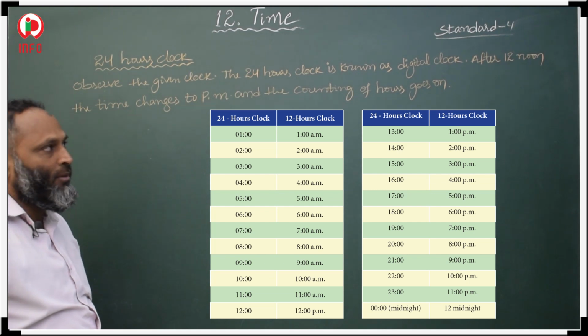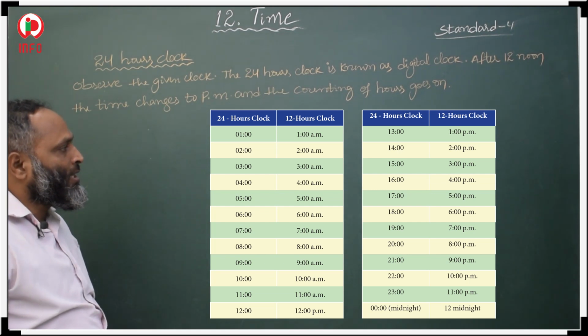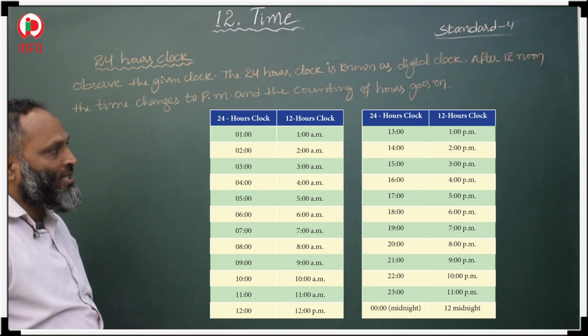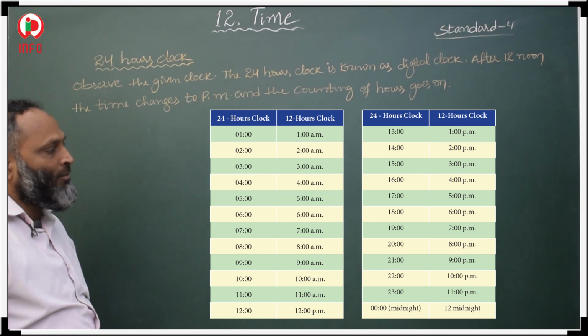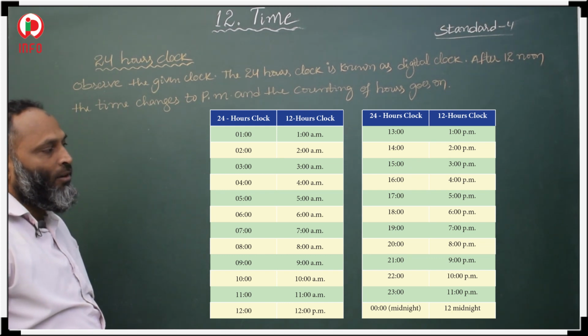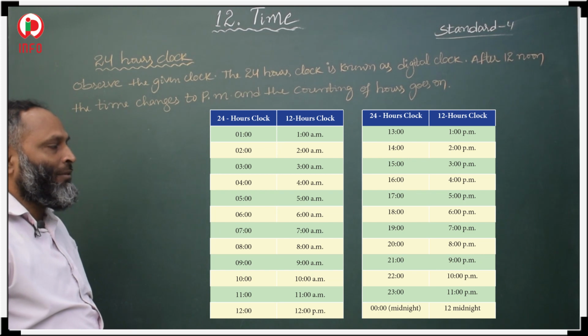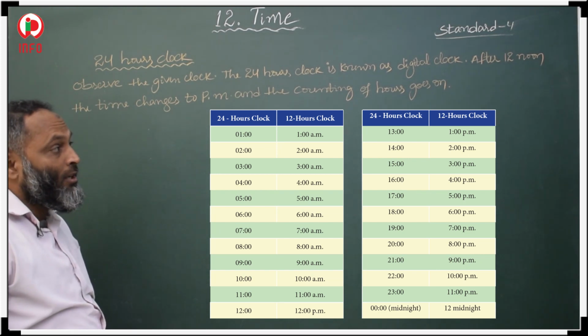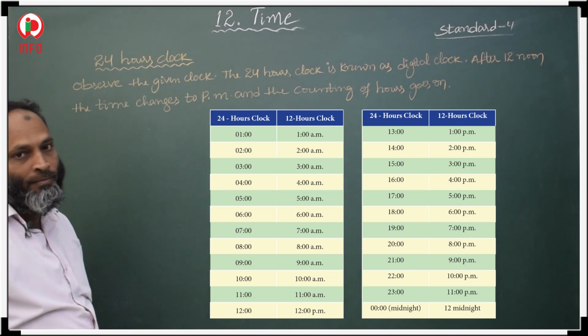Then 6 AM, 6 o'clock, 7 AM 7 o'clock, 8 AM 8 o'clock, 9 AM 9 o'clock, 10 AM 10 o'clock, 11 AM 11 o'clock. Then after that, 12 noon, 12 o'clock.